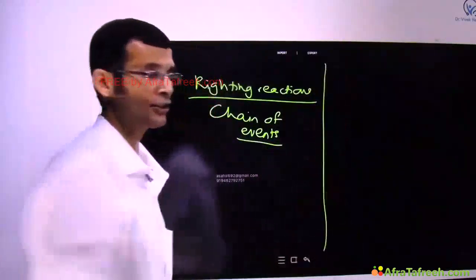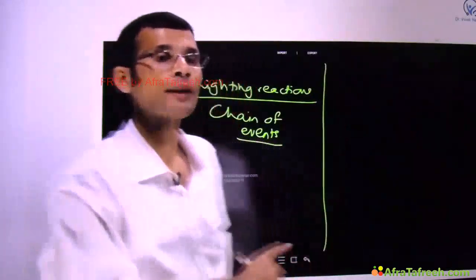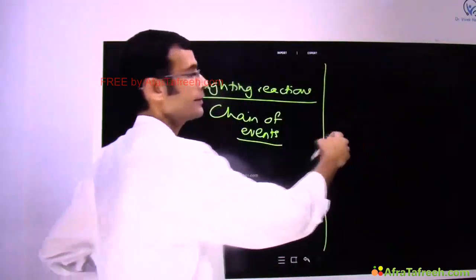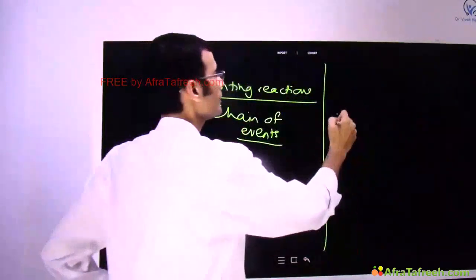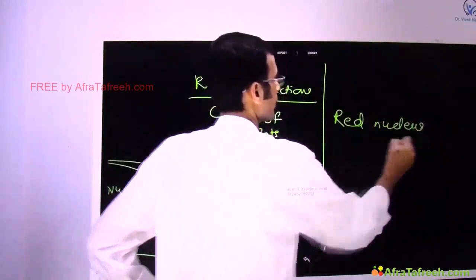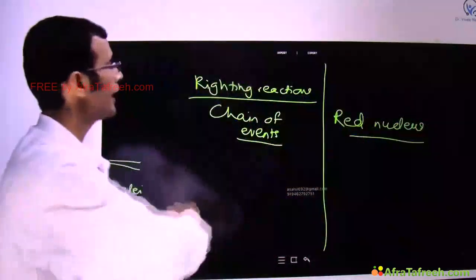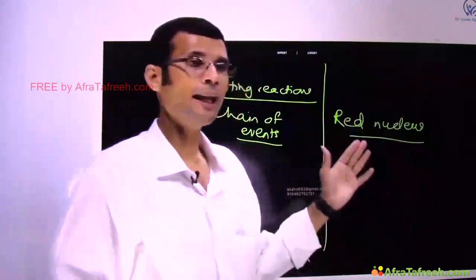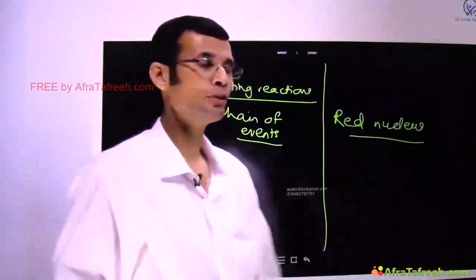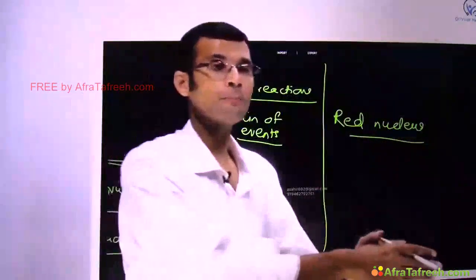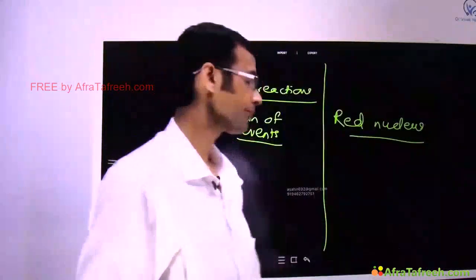So righting reactions, but remember these are not seen in the decerebrate animals and they are seen in the midbrain animal. That means the center is red nucleus. And the difference between the previous reactions and these reactions is that in those reactions the animal could not actively take up upright posture. In this, the animal assumes the upright posture actively.